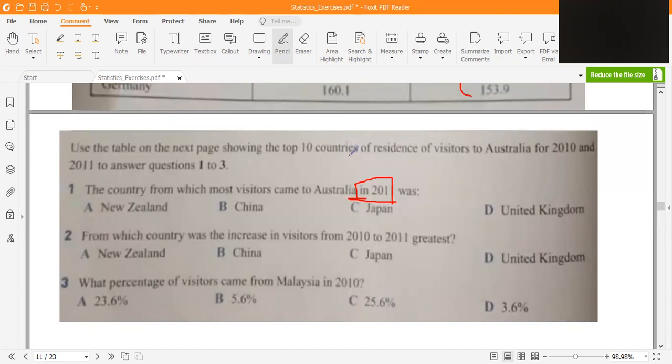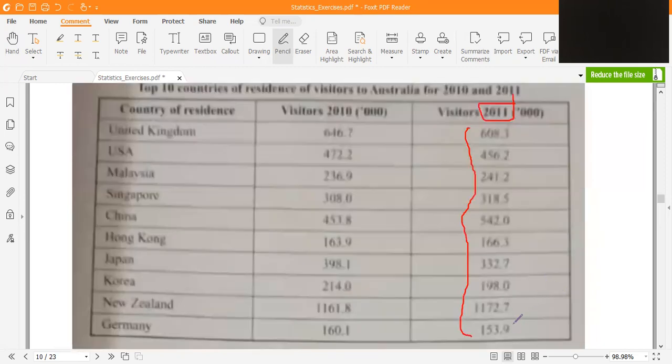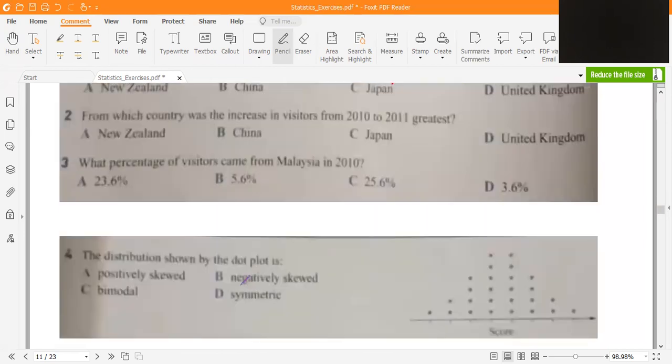The greatest number of visitors is normally New Zealand, because it is the number composed of the biggest number of digits, 1,172.7 thousand.